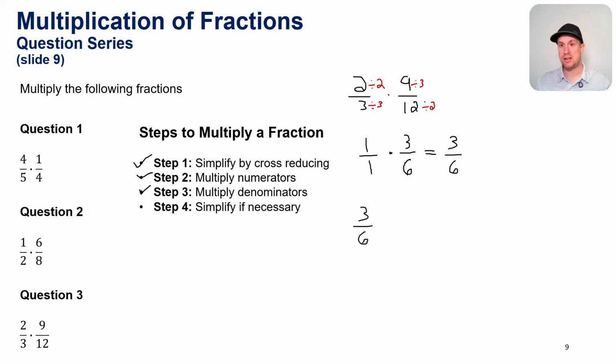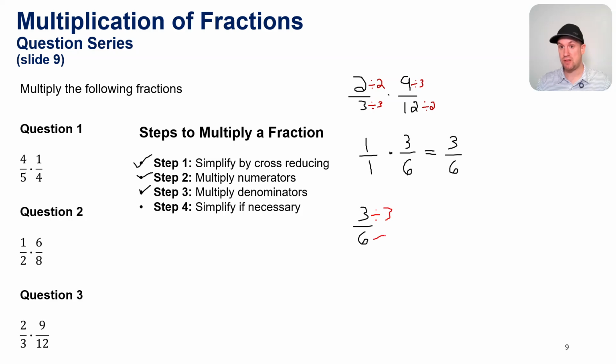Now this is a fraction that I can actually reduce, so 3/6 can be reduced further. The reason for that is really 9/12 could have been reduced at the beginning if I wanted to reduce that fraction. That's why I have to reduce at the end here. So I am now going to divide a common factor into both 3 and 6, which in this case is a common factor of 3, right?